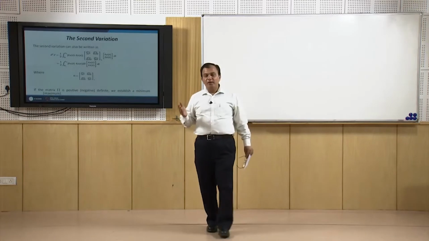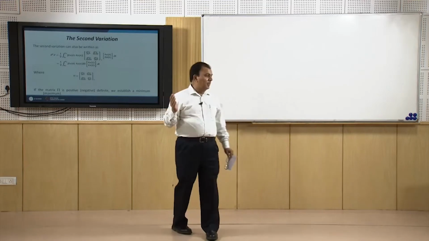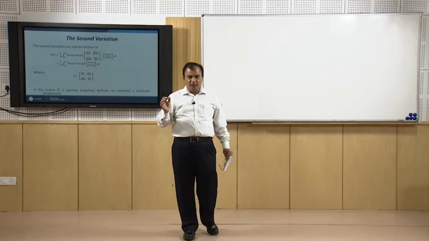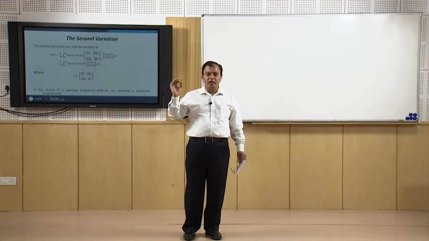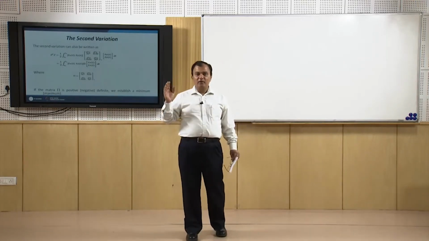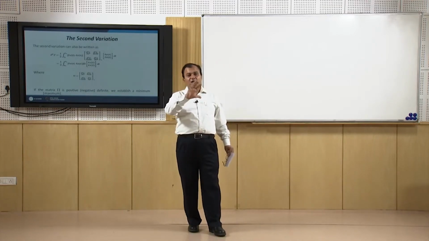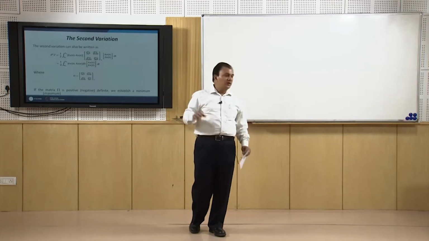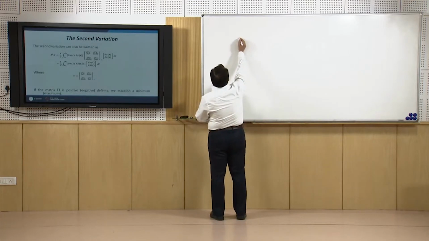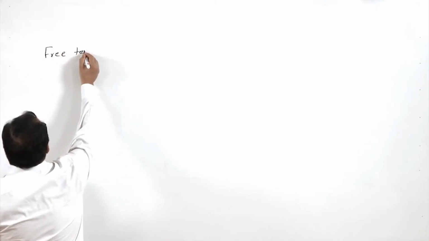Today we will see another problem, the free terminal point problem, in which t0 is fixed, or the initial point is fixed, but the final point is free with respect to both time and x. We will see the different cases which can arise in such a problem.